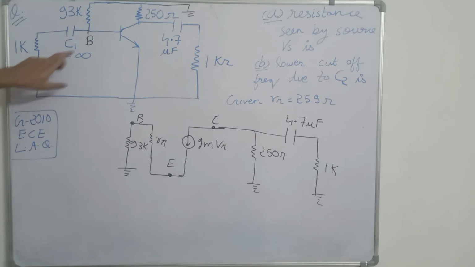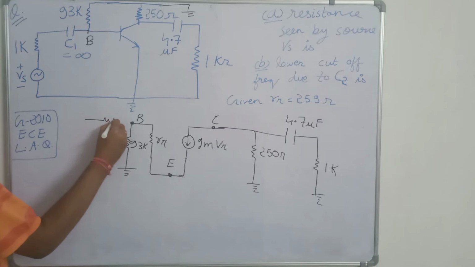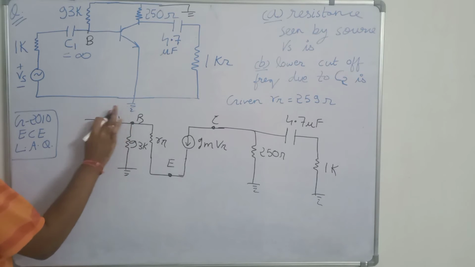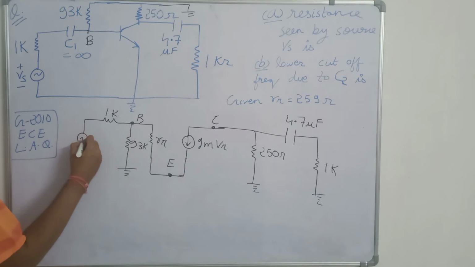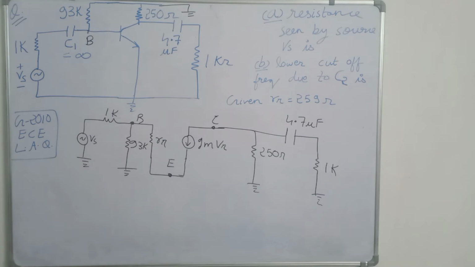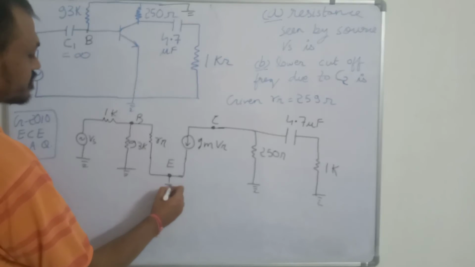Then between base and ground, the 1 kilo ohm resistor and voltage source Vs is connected. So this is 1 kilo ohm resistor and this is voltage source Vs. So this is the complete model for this circuit. This was the model just for the transistor, and this is the complete model.